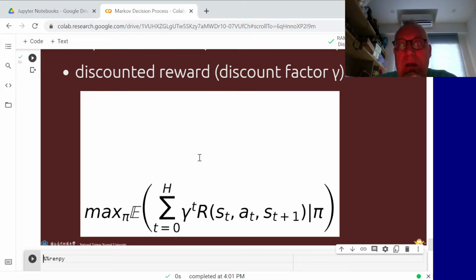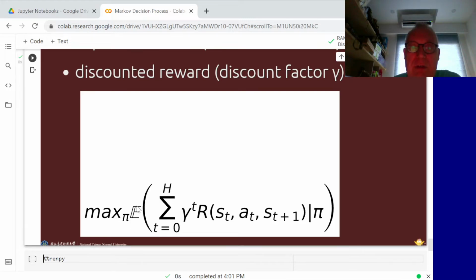So in our system, I want to find the policy pi that maximizes this expression.